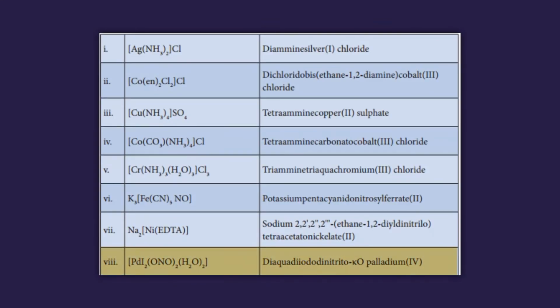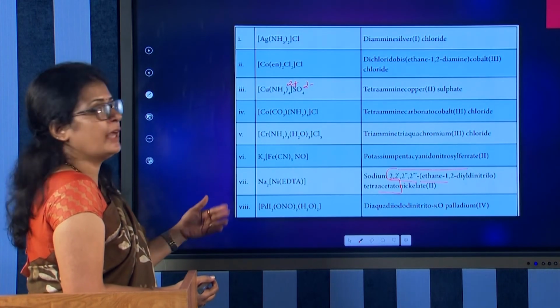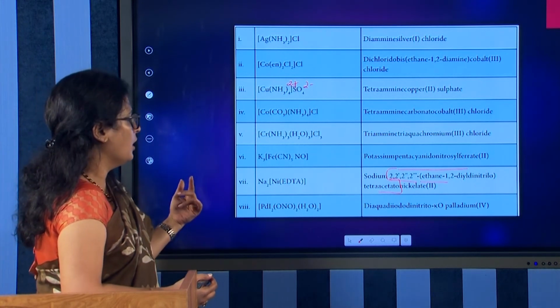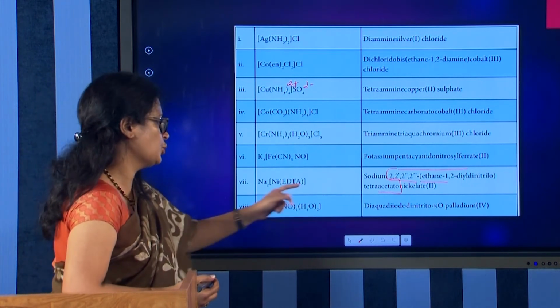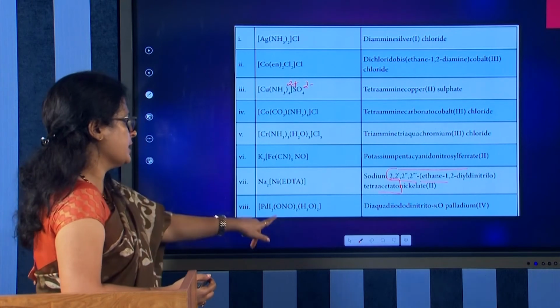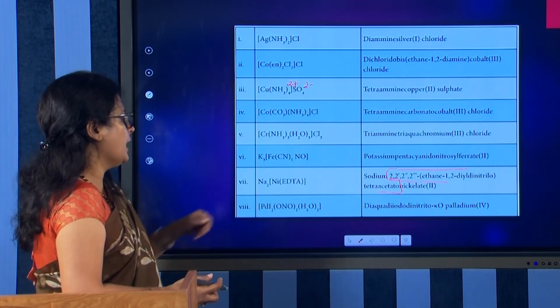And the final example, palladium, Pd(I)2(ONO)2(H2O)2. This is a neutral complex because no charge is there, and we have to follow the alphabetical order. We have aqua, that is H2O ligand, ONO, that is nitrito ligand, and iodine ligand.